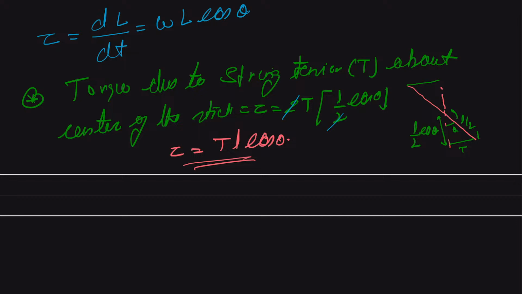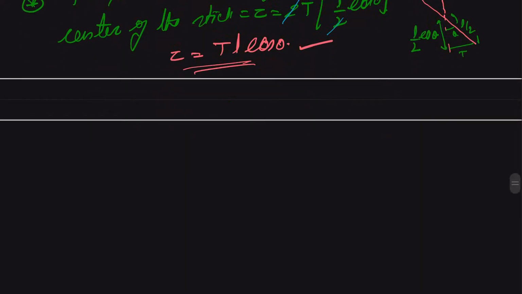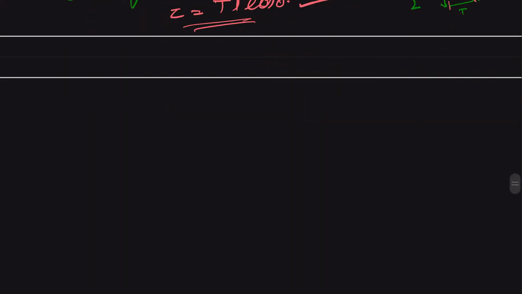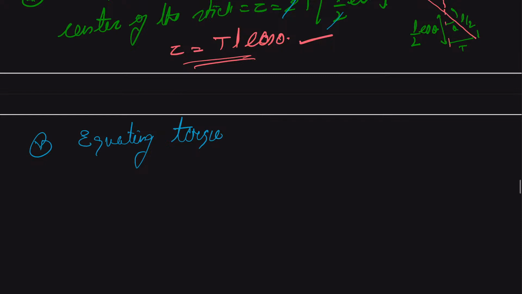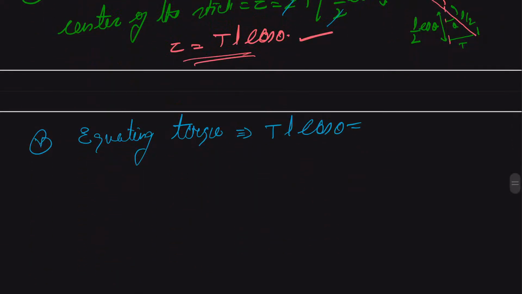Now we are having two equations of the torque, omega L cos of theta and TL cos of theta. So we can just equate them. Equating torque, we get TL cos of theta will be equal to omega L cos of theta.